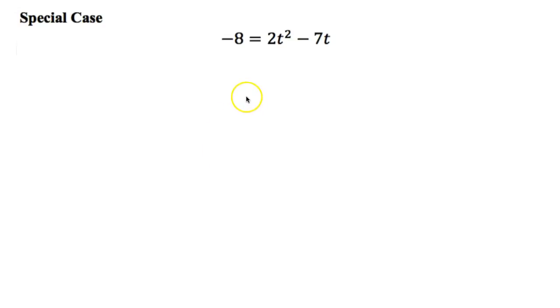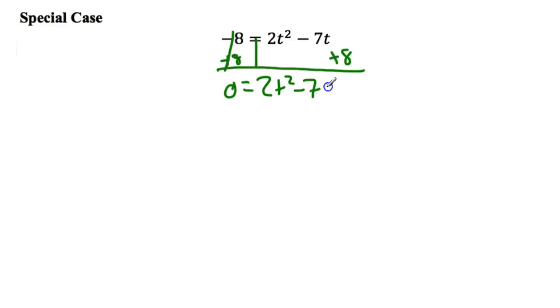All right, last example of the whole year, whole Algebra 1. So let's get going. We're going to do a plus 8 on that side, a plus 8 over here. Cancel. 0 equals 2t squared minus 7t plus 8. So A equals 2, B equals negative 7, C equals 8.